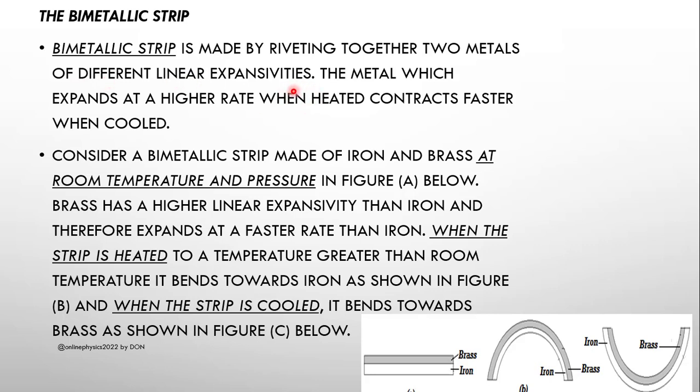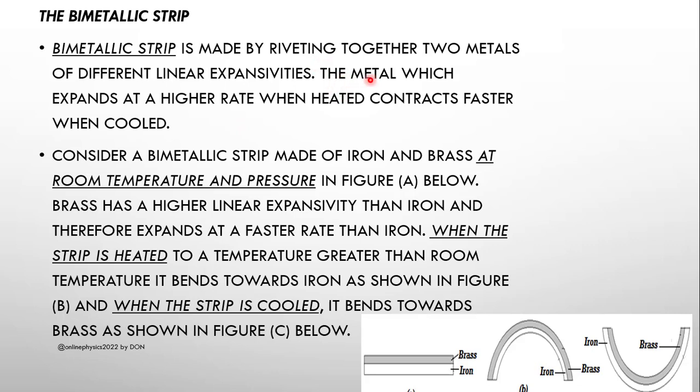So different metals which expand differently, or expand at different rates. That's what we're calling linear expansivity there. So we want to see, once they are riveted together, how do they behave? The metal which expands at a higher rate when heated contracts faster when cooled. This is one of the key points which is going to help us in this section.